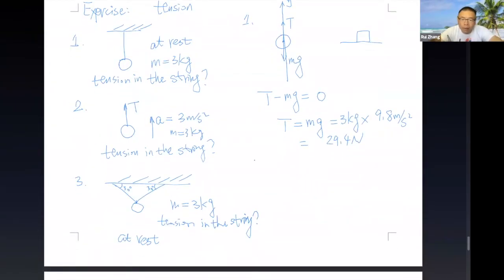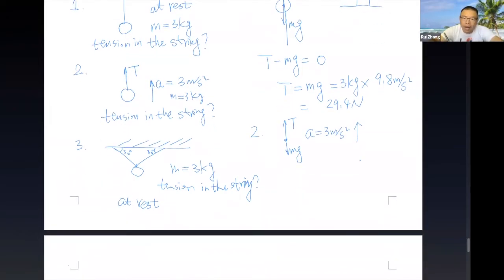Okay, second one. It's the same, but the only difference here is you have tension going up and mg going down, and you have acceleration equal to 3 meters per second squared. That's positive, so when you set up Newton's law, it becomes T minus mg equals ma, because a here is not 0. In the previous case a is 0, so we put 0 there. So together we have T equals mg plus ma.